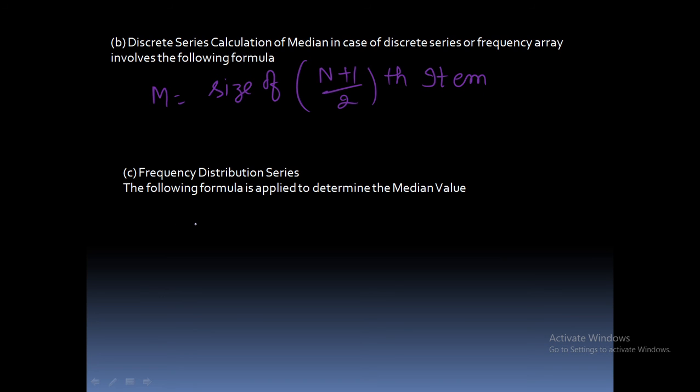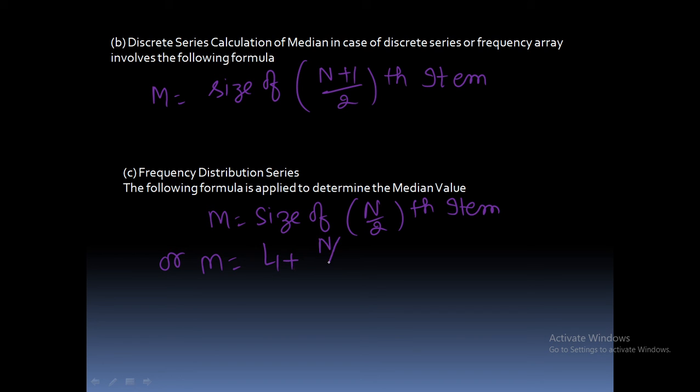In frequency distribution, we use M is equal to size of n over 2th item. This formula is used in the class interval case. Or M is equal to L1 plus n over 2 minus CF, cumulative frequency, over frequency, multiplied by i.